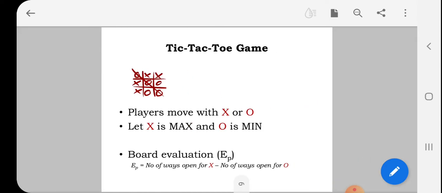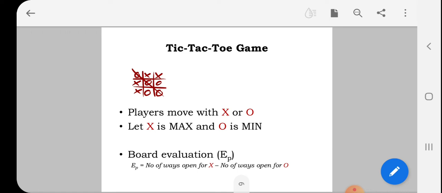Further, in a real life application of this minimax strategy, one of the popular games that we'll be discussing is the tic-tac-toe game. In a tic-tac-toe game, you all know that we work with a 3x3 board where we have two different players. One player proceeds with the cross symbol and the other player proceeds with the circle symbol.